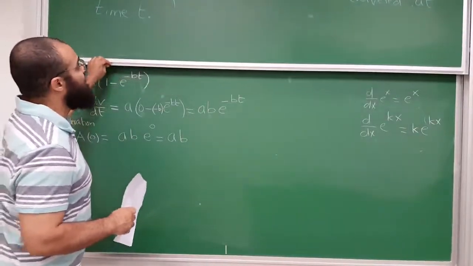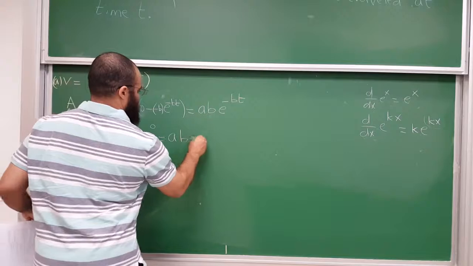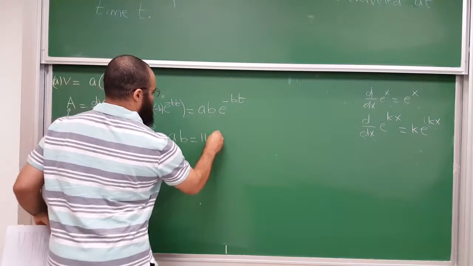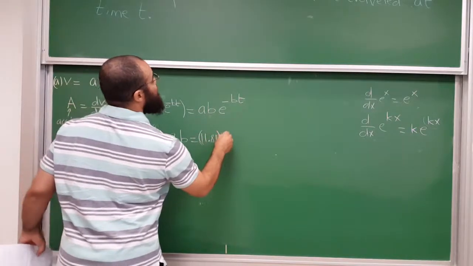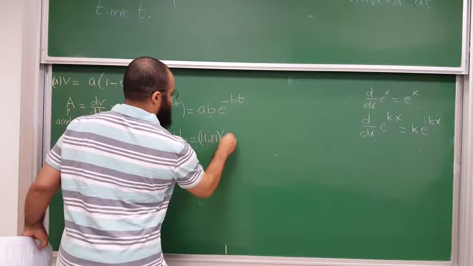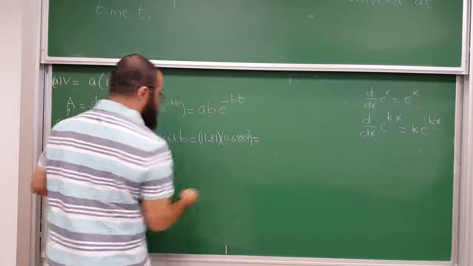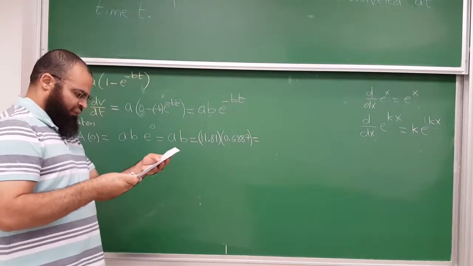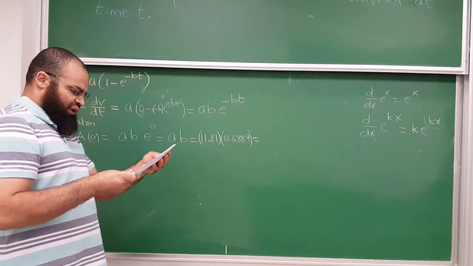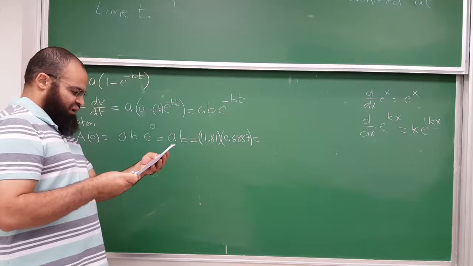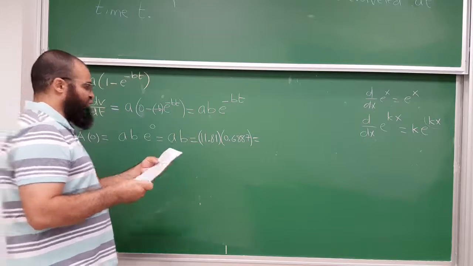So 11.81 times 0.6887. I will just write down the answer. At t equal to 0, when you multiply those numbers, you get 8.134.